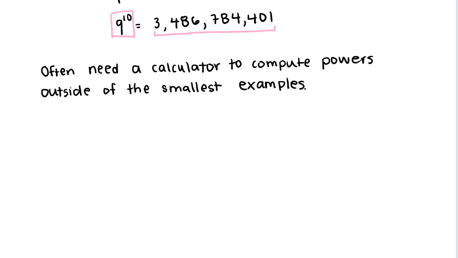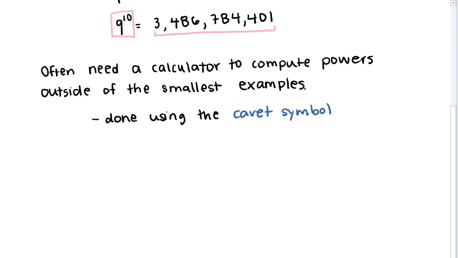And so how do we write something like this in a calculator? Well, this is done using the caret symbol. So in your calculator, there should be some symbol that looks like an arrow pointing upwards.